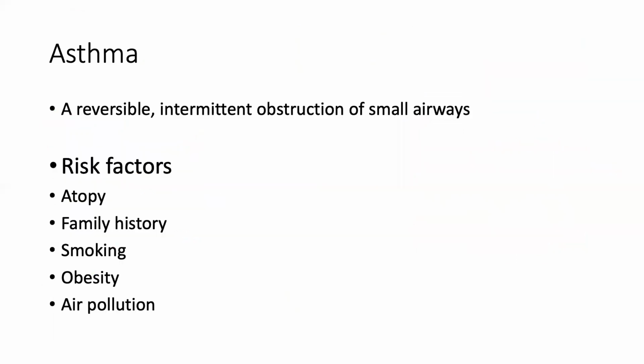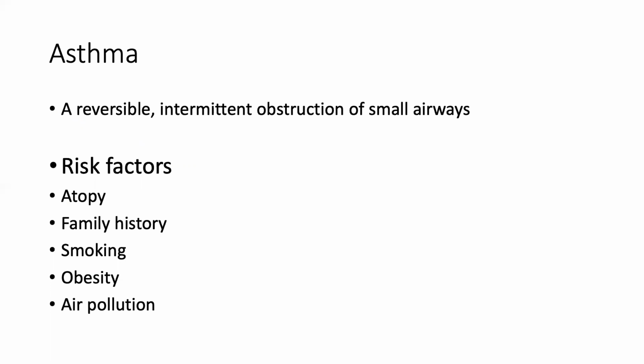Let's talk a little bit about asthma. What is asthma? It is a reversible process. It's an intermittent small airway obstruction. It is not a large airway like the larynx or trachea or main bronchi. It happens in the small airway, such as the respiratory bronchiole and terminal bronchiole level.